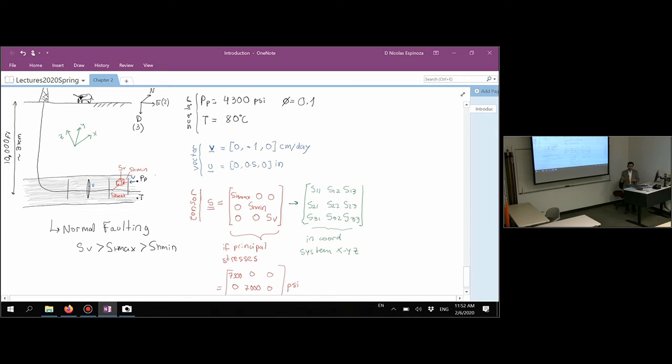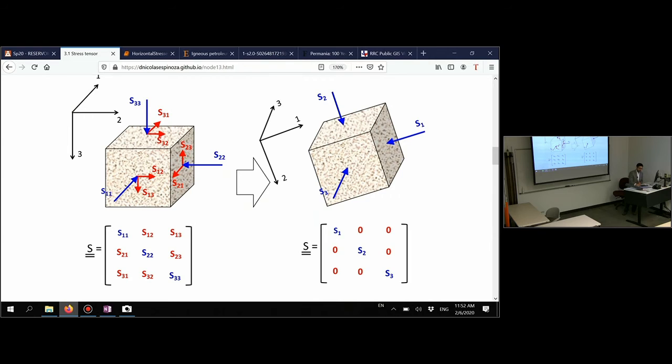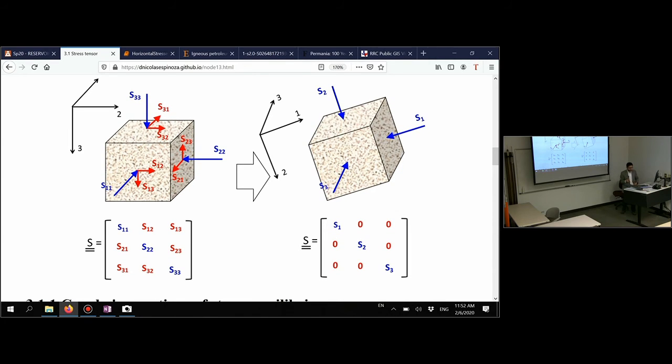Well, in general, we don't find that case. It's rather the opposite, in which we mostly have directions in one coordinate system, and then we have normal and shear stresses.